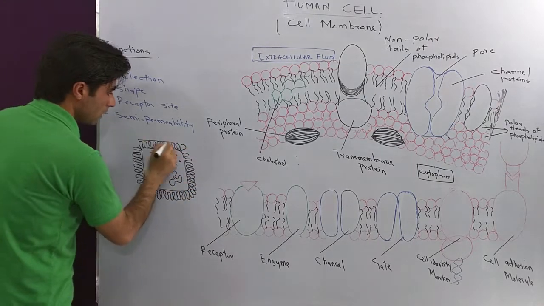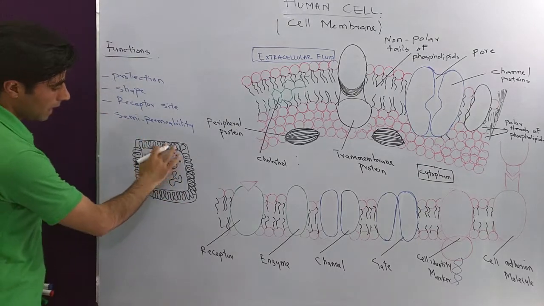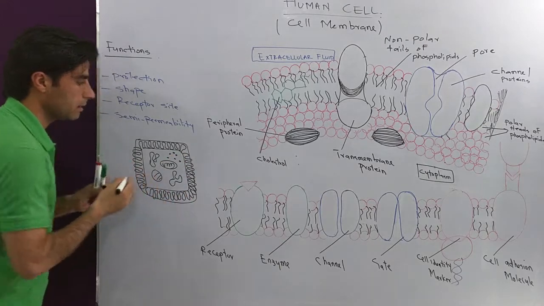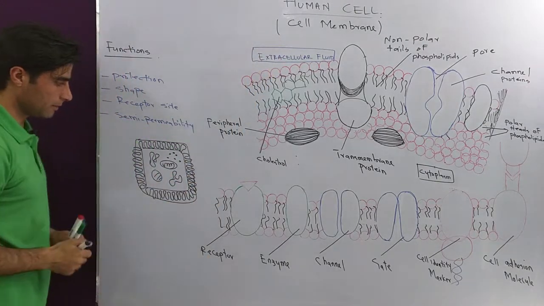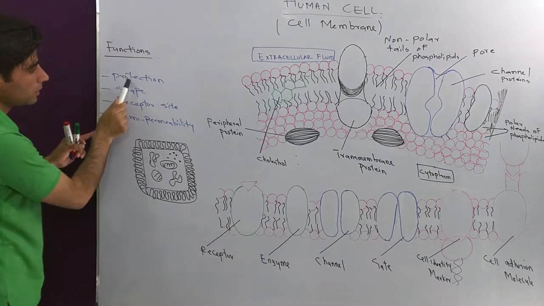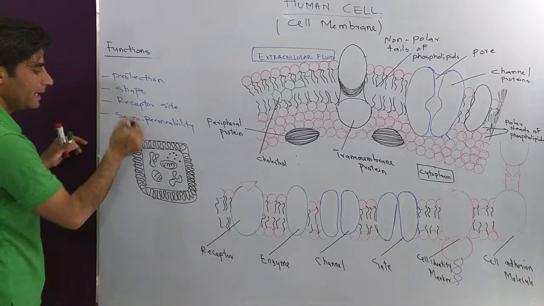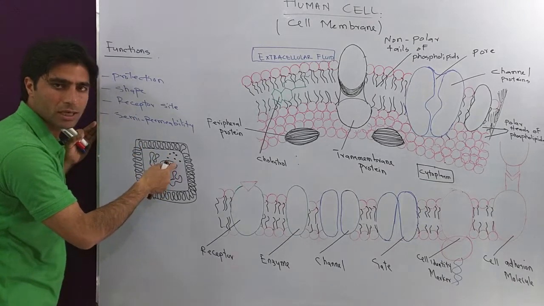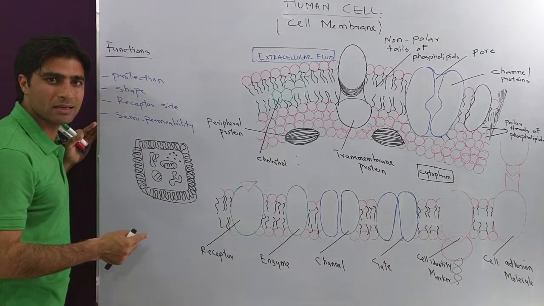Now look, this is the outer covering of this cell, and this outer covering is actually known as the cell membrane of this specific cell. So the first function of this membrane or organelle is that it is protecting the entire organelles inside this cell from the external environment, or in other words from physical and chemical insults.